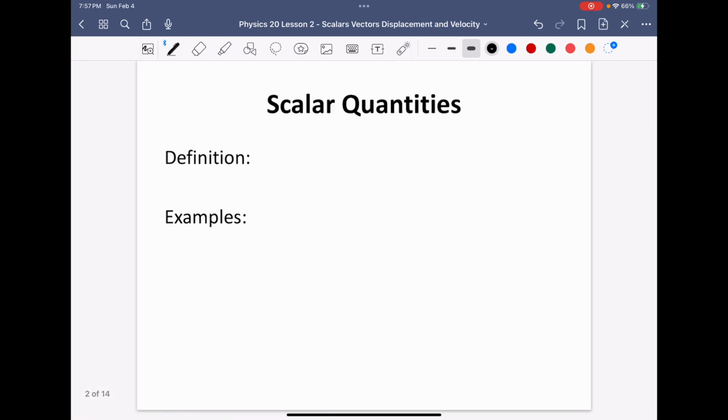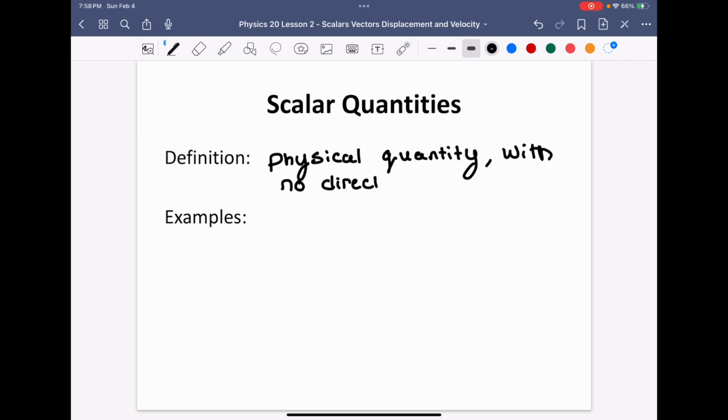So let's start off with what a scalar is. A scalar quantity is simply a physical quantity with no direction. Often how we refer to this is we simply say it only has magnitude.